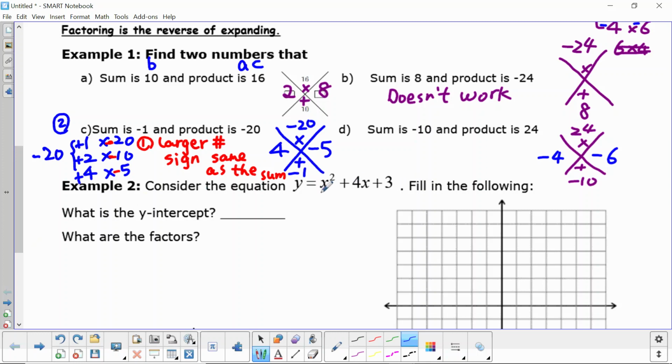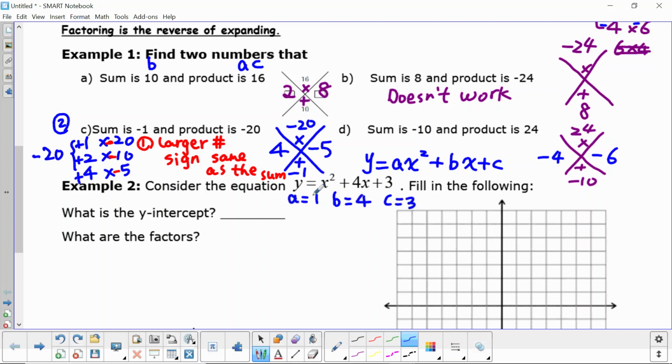So from here, we need to determine the A value is 1, B value is 4, C value is 3. How are you able to get ABC? You compare it with the standard form. Standard form is y equals ax squared plus bx plus c. Then compare this one with standard form.